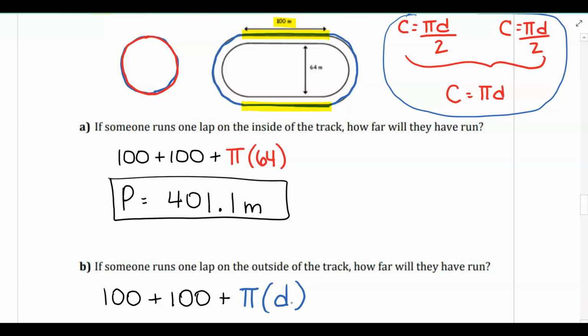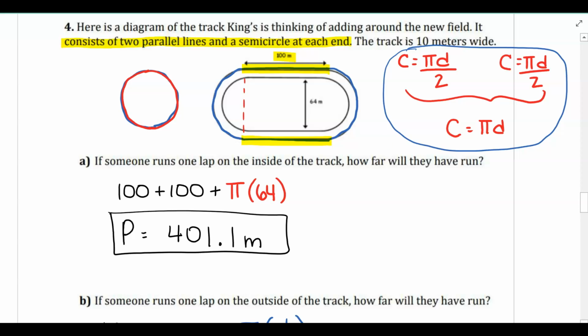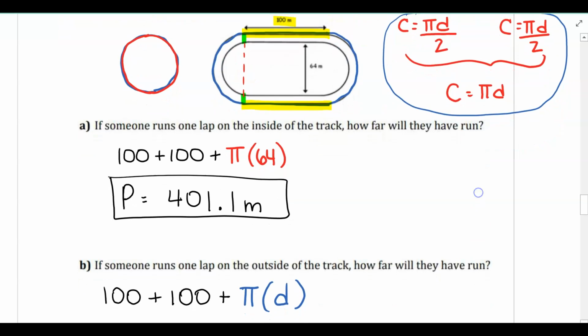64 was the diameter of the inner circle. But now we have this little gap here on each end. They give us that information. They tell us that the track itself is 10 meters wide. That means I have to add on 10 here. I also need to add on 10 there. So instead of a diameter of 64, I have 64 plus 10 to really give me a diameter of 84.